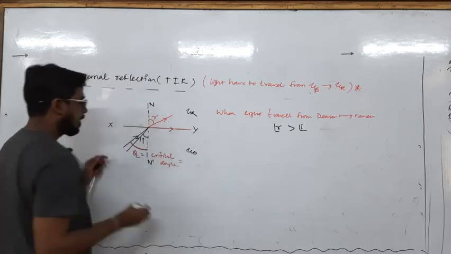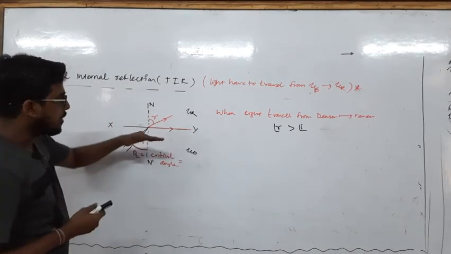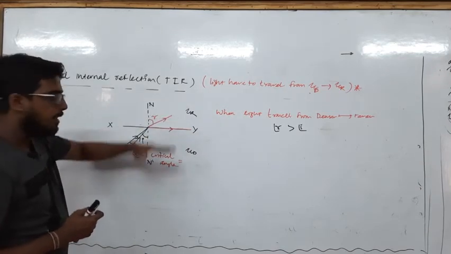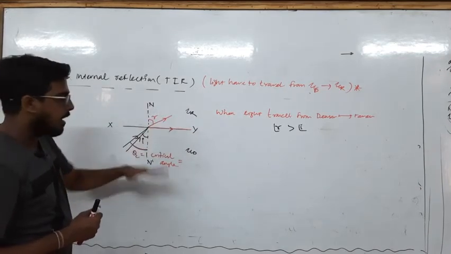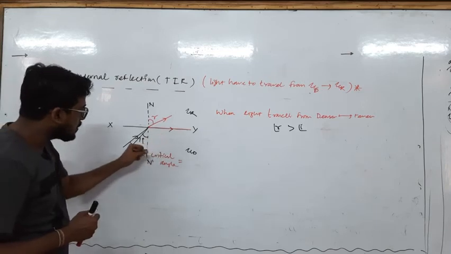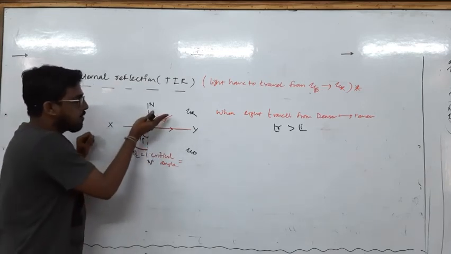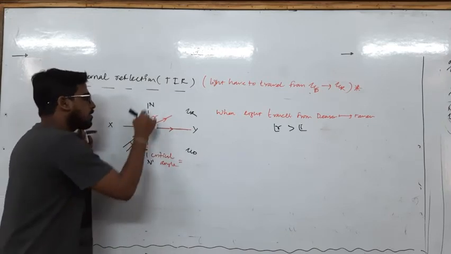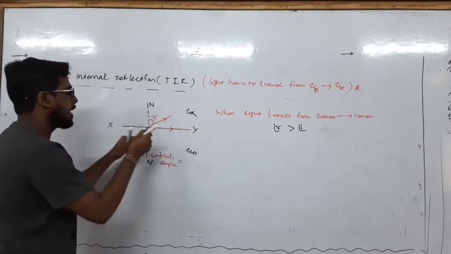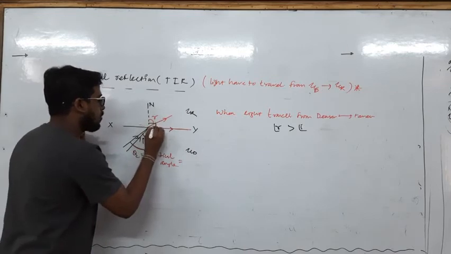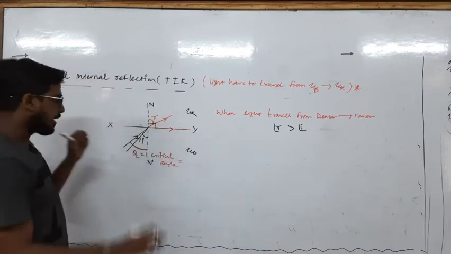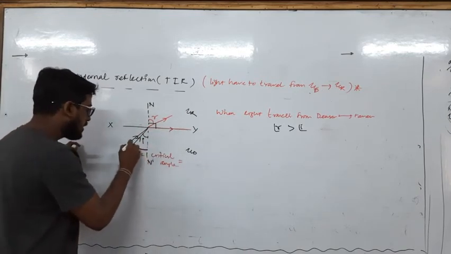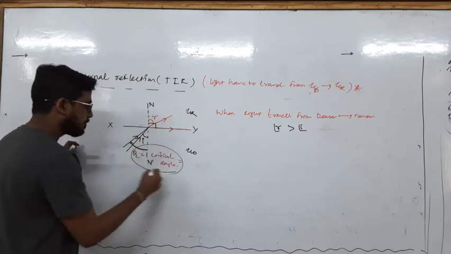Okay, clear? So when light travels from denser to rarer medium, it bends away from the normal, and as I increase the angle of incidence, the angle of refraction gradually increases, and for a particular angle of incidence, the angle of refraction becomes 90, or the refracted ray goes along the interface. That particular angle of incidence is known as the critical angle.